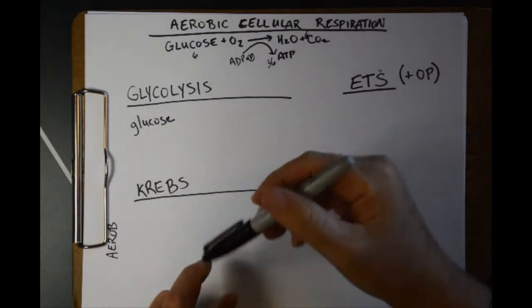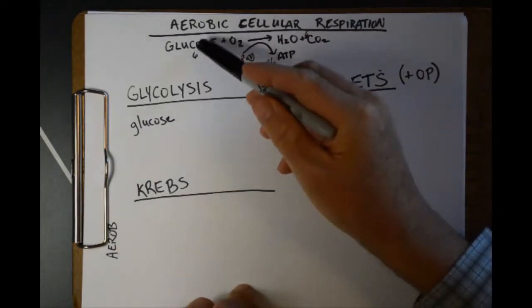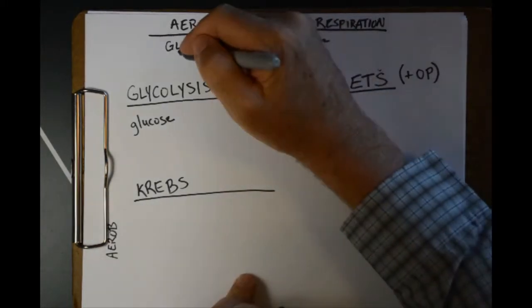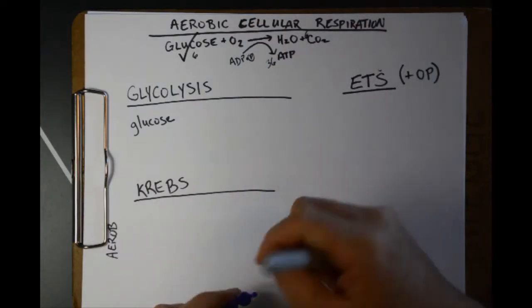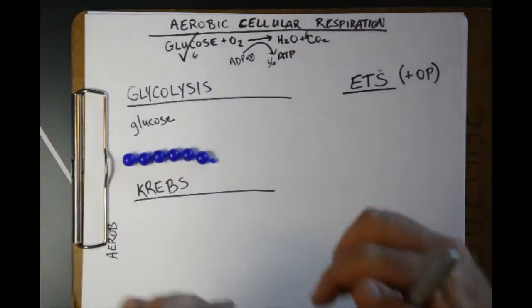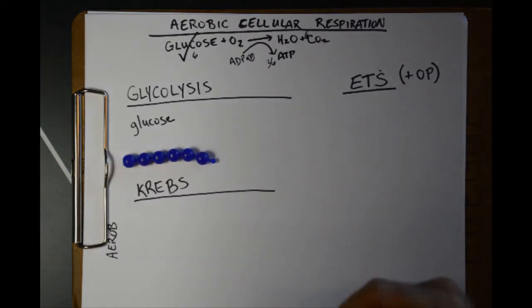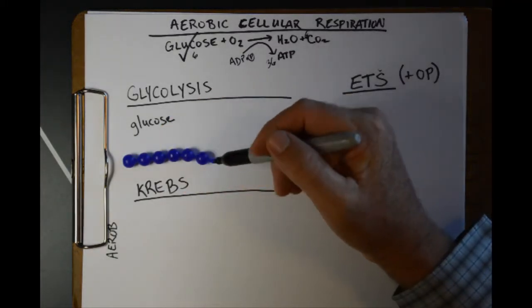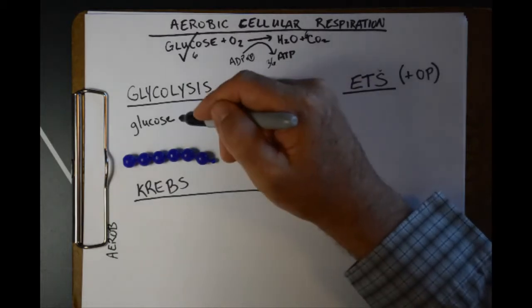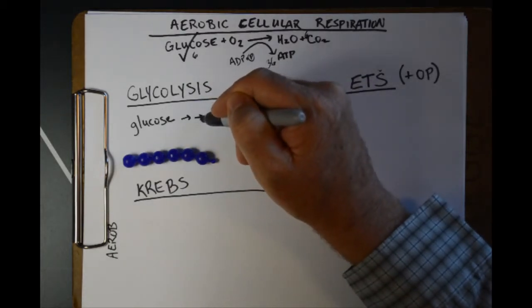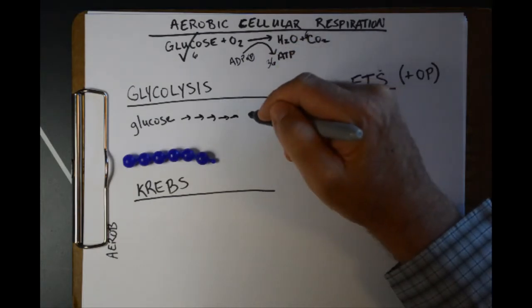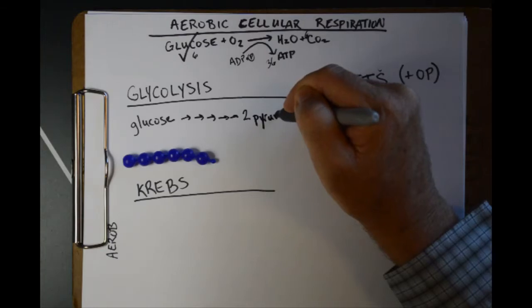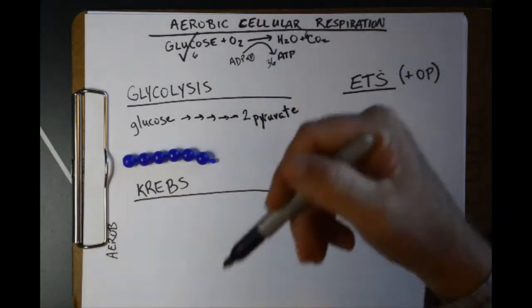So starting with glycolysis, I have glucose, and so now I've taken care of my glucose. That's the only thing so far. I'm going to represent that like I have before with this 6-carbon sugar model. Glycolysis is a series of about 10 steps, and what I'm going to end up with is 2 pyruvate.